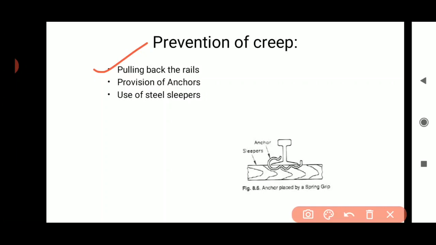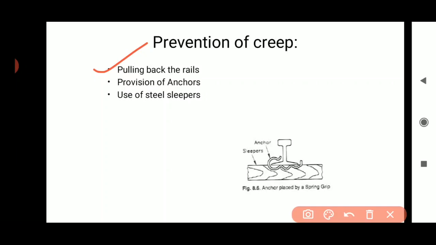Okay, so first inspect the track, then note how much distance the rail has moved and how much distance we will try to pull back the rail. Then inspect the position from which point the creep has occurred.